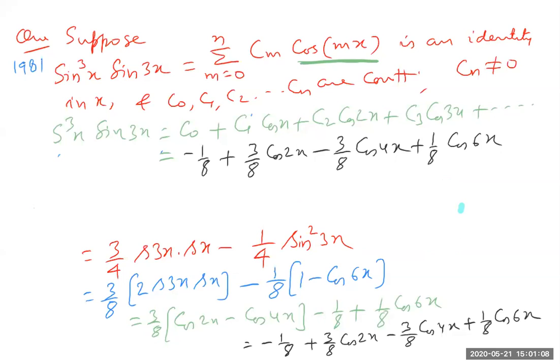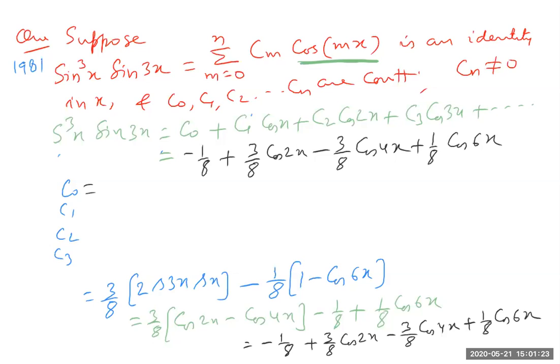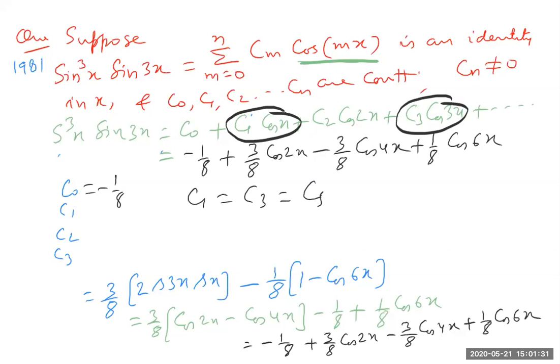See, now they can ask questions of different types. All values you can calculate. They can ask, find the values of C0, C1, C2, C3 by comparing. C0 will be how much? Minus 1 upon 8. Now, there is no cos x, no cos 3x. So C1 is equal to C3 is equal to C5 will be 0, because this is an identity. That means we have to compare the coefficients.